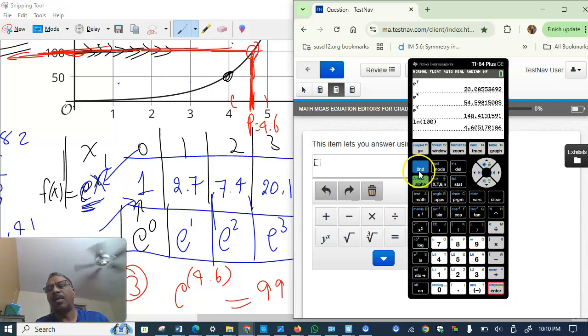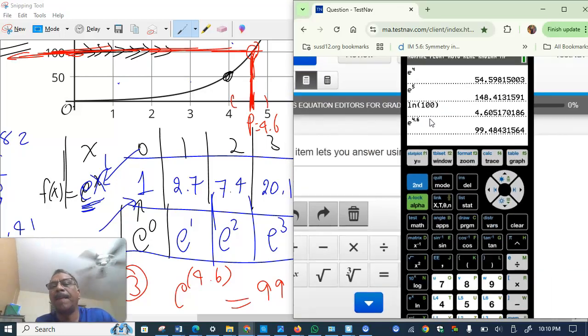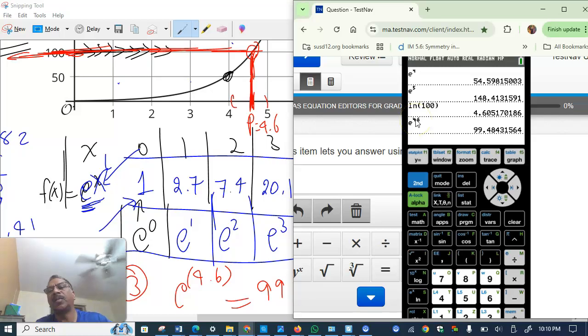And if you take e and put 4.6, this is the understanding of how logarithm undoes the exponential, or the exponential undoes the log. If I make it bigger, look at this: if the input is 4.6, e raised to 4.6 is about 99, and ln of 100 is 4.6. It gives back that number.